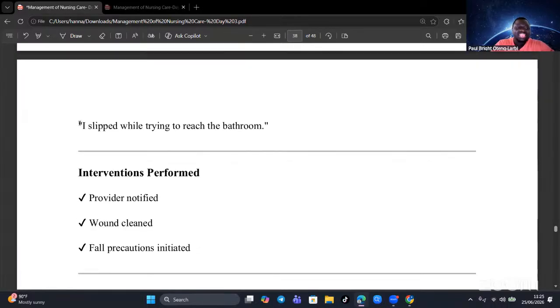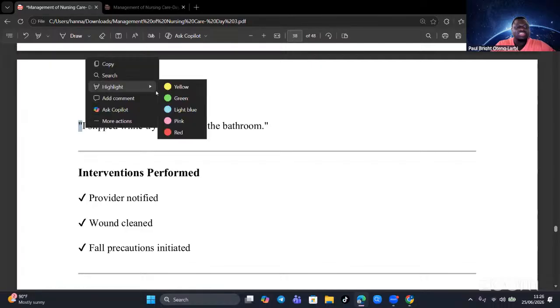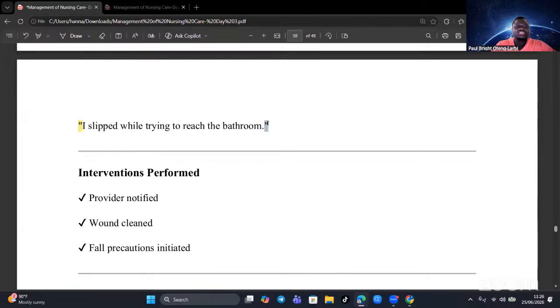For example, you found the patient sitting on the floor in the bathroom during your hourly checks and you ask what happened. The patient said, "I slipped while trying to reach the bathroom." Because it is the patient making this statement, it should be in quotation marks, written the way the patient said it.